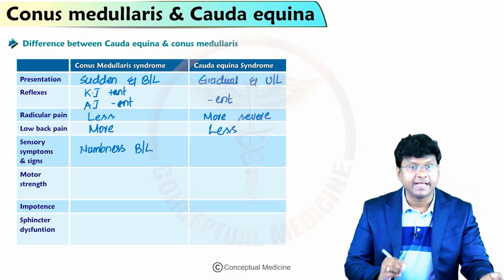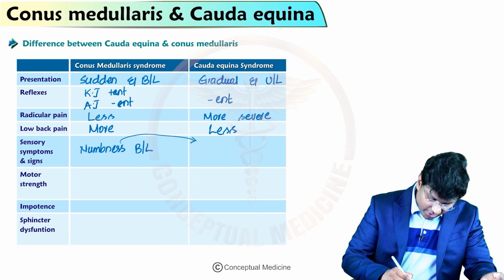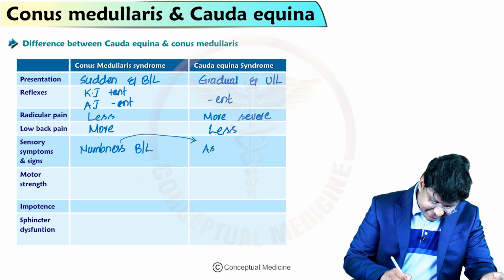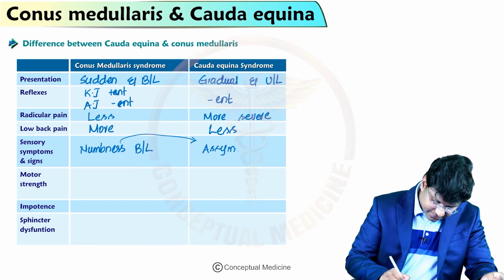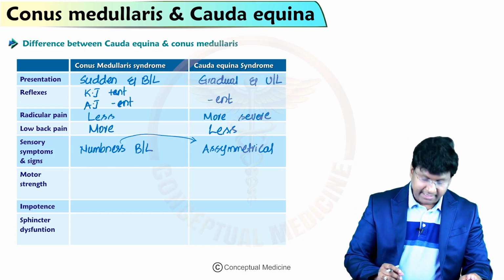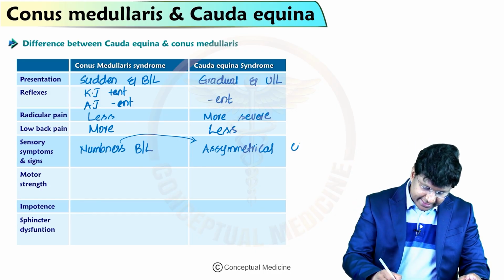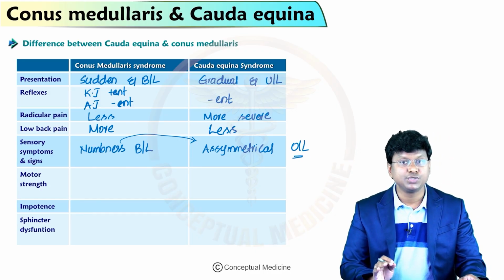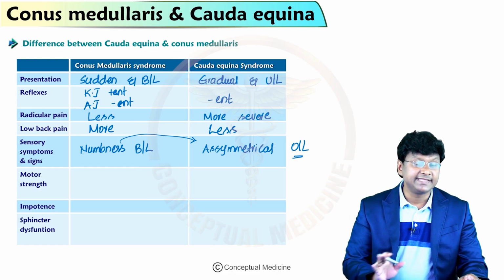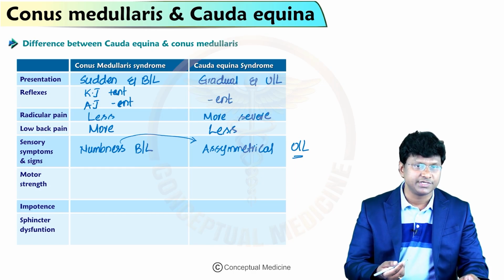Whereas numbness in case of cauda equina syndrome is asymmetrical and unilateral. And there is no sensory dissociation, whereas in conus medullaris you have a sensory dissociation.